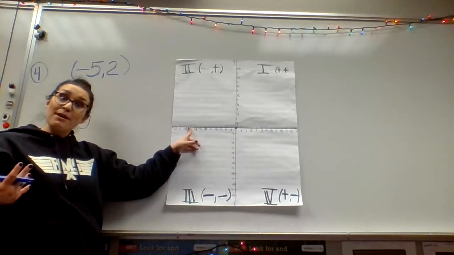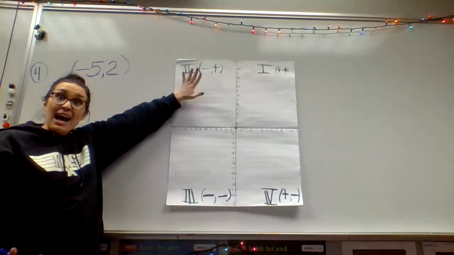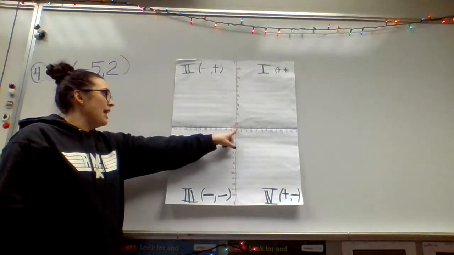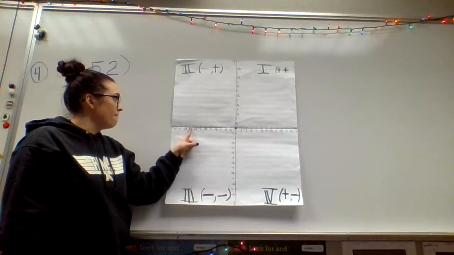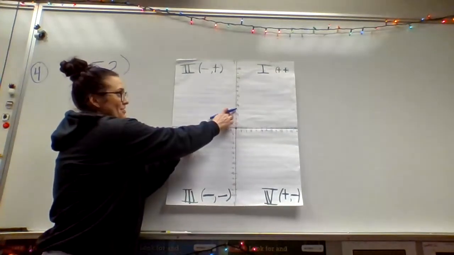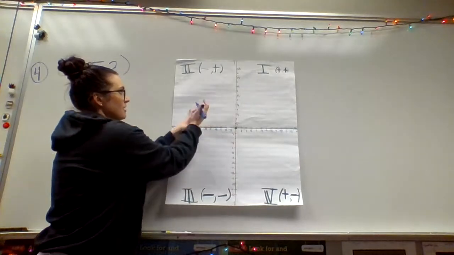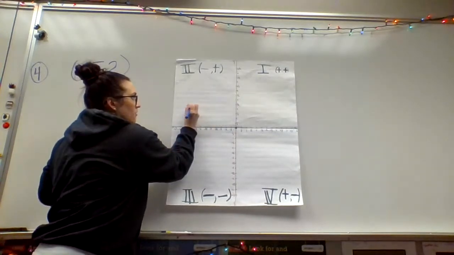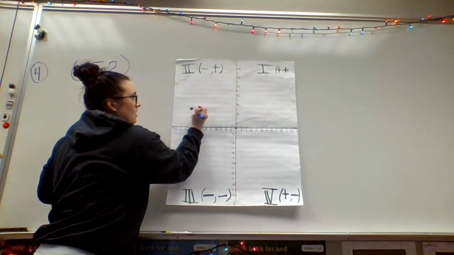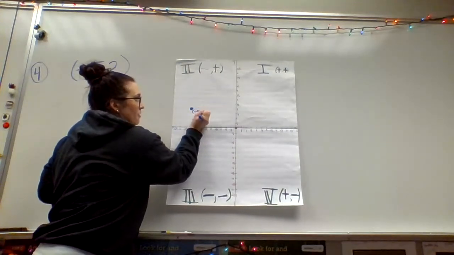And remember, my friends, if it's positive, I want to be up here in this second quadrant, correct? So again, I'm going to go find my x at -5, and then I'm going up to +2, excuse me. And where they intersect, right there, is the point -5, 2.